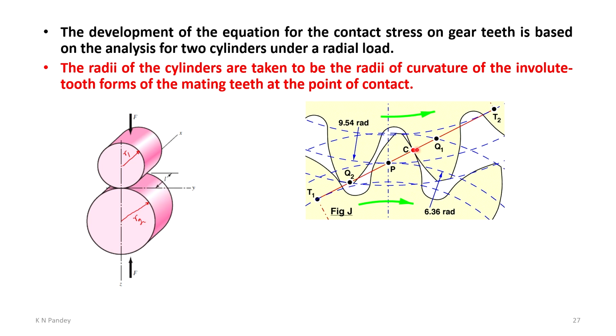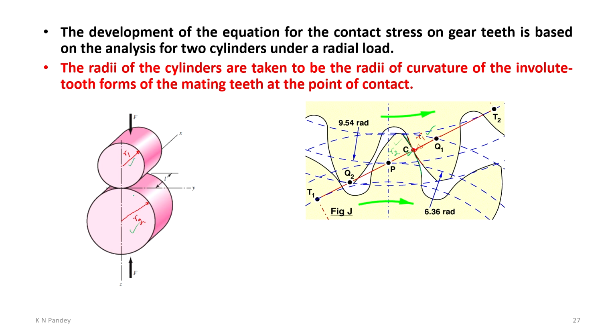Now, if the radius of curvature of this surface is taken as the radius of the first cylinder R1, and the radius of curvature of the surface of the other gear tooth under engagement, with the point of contact C, is taken as R2, then this R2 is this one and this R1 is this one.